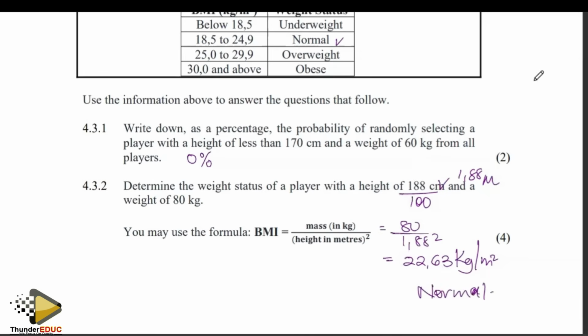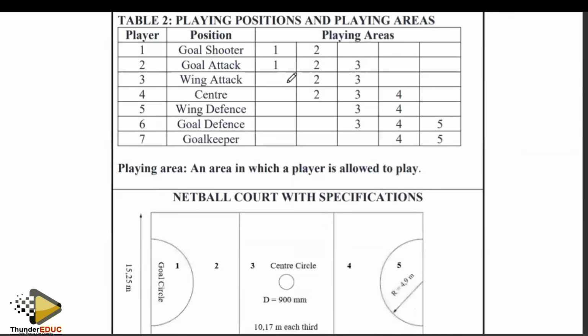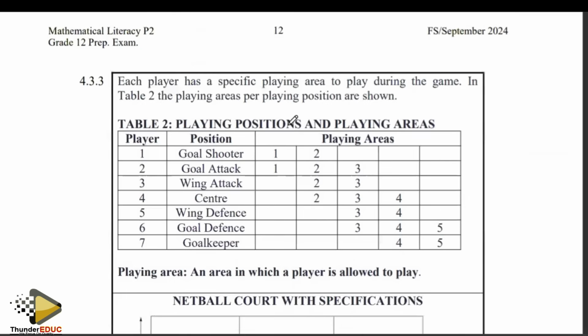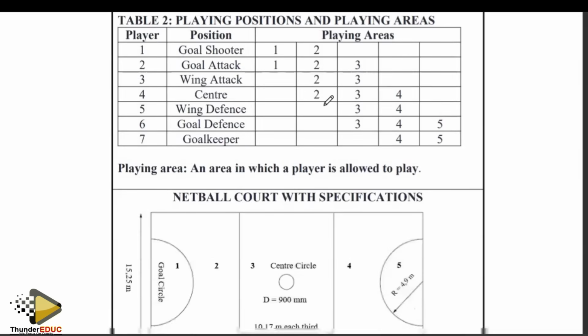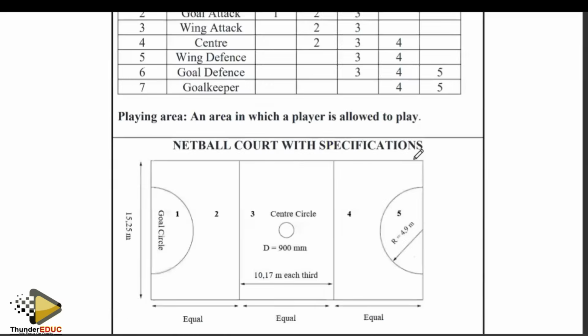All right, we got to question number 4.3. The table shows each player has a specific playing area to play during the game. In Table 2, the playing areas or playing positions are shown. So they go ahead and ask you, write down which players may not play in 4 and 5.